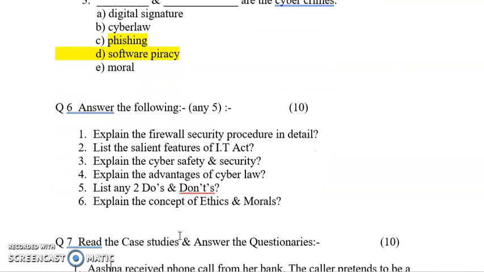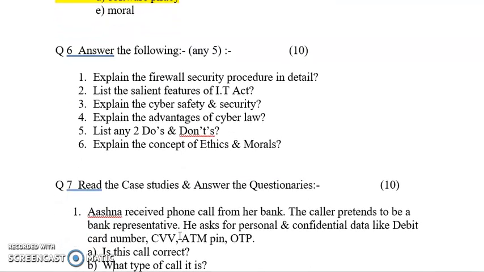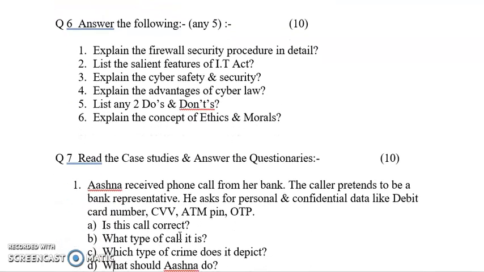Let us move further with question number 6. Answer the following. So the first is firewall. So firewall is nothing but it is a security procedure which is used in various organizations to save the network, to save the PC from unauthorized access.